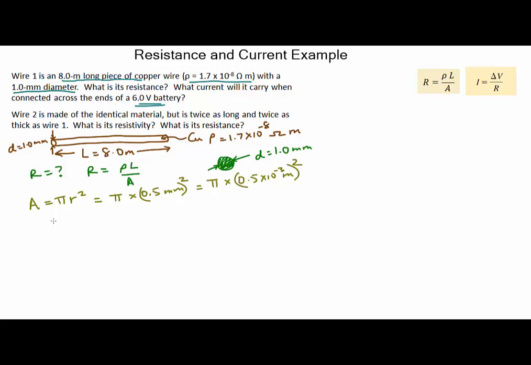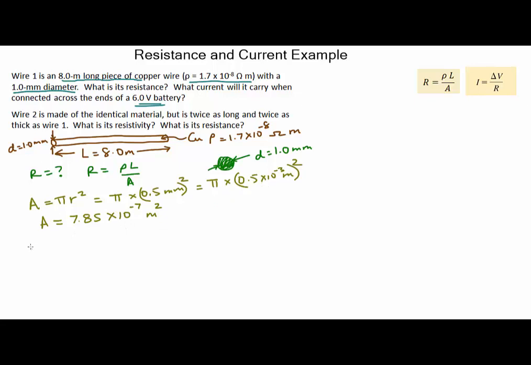And when you do this in your calculator, you will get cross-sectional area equals 7.85 times 10 to the negative 7 square meters. So that's a very small cross-sectional area in units of square meters because the diameter of the wire is only 1/1000th of a meter, so that makes sense.